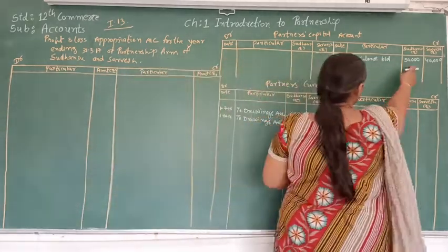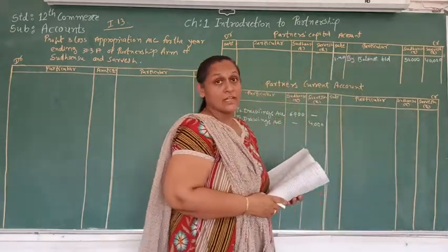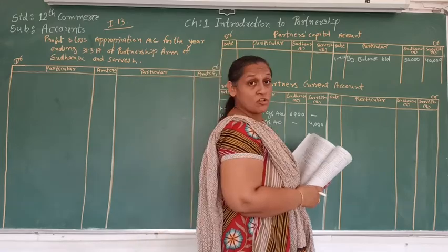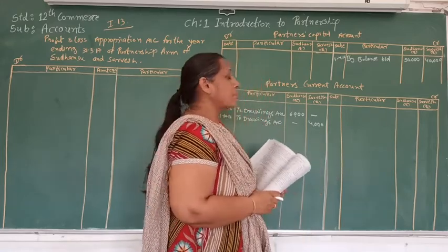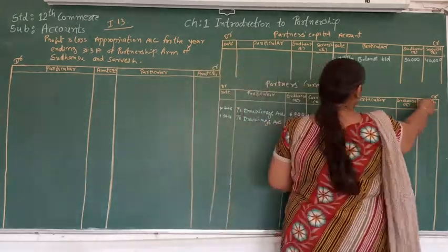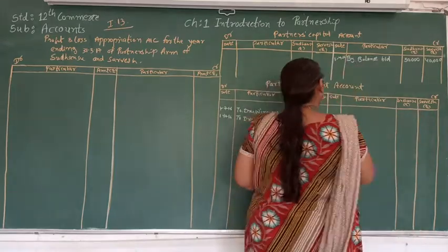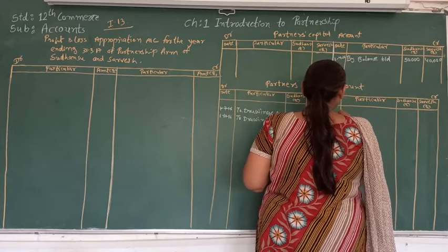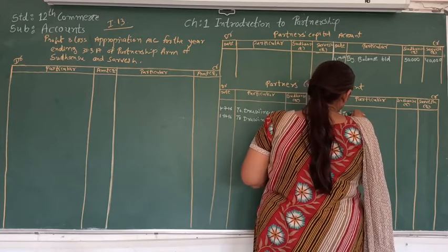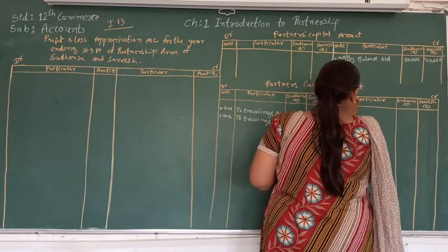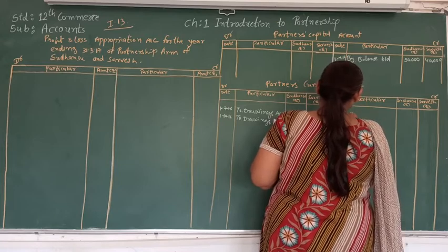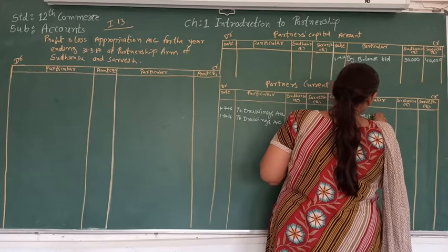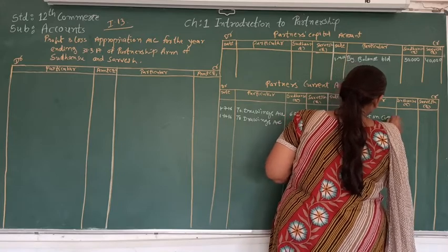So here capital is 50,000 and 40,000, and we need to pay them interest on capital. So interest on capital is an income for the partner, so that is going to be credited to partner's current account on 31/3/17 by interest on capital.